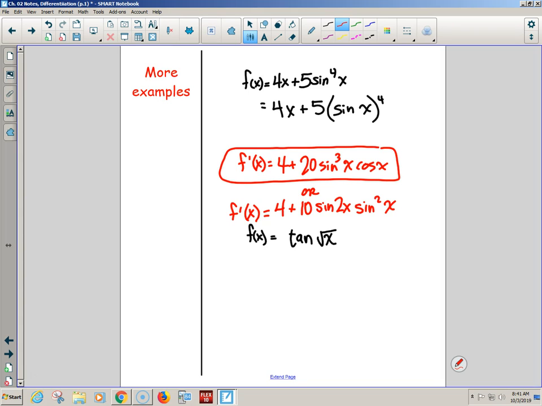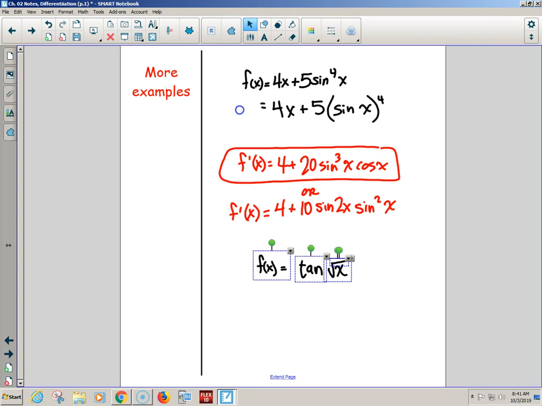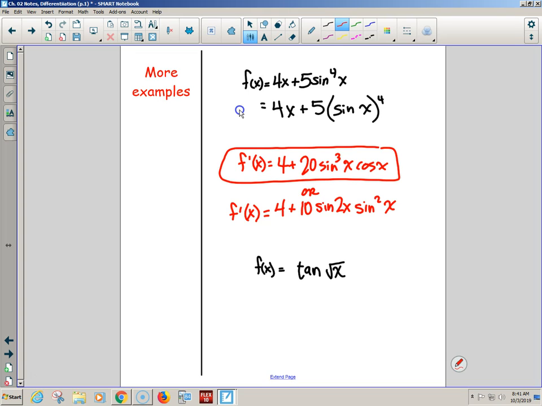Could you have made it match? Why are they the same thing? Because of some trig property.